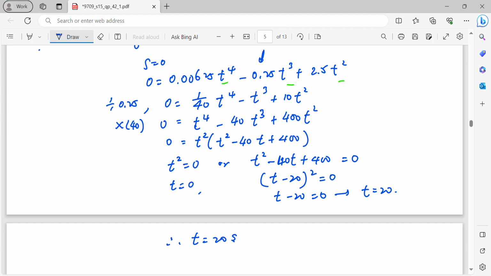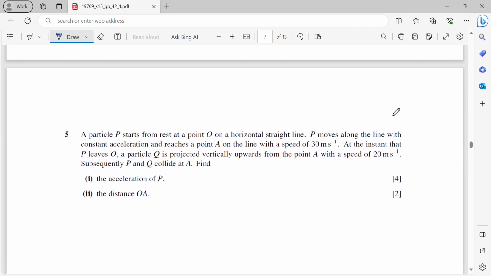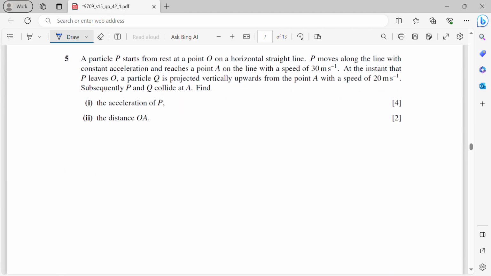Alright, now next question, number 5. A particle P starts from rest at point O on a horizontal straight line. P moves along a line with constant acceleration, and reaches a point A on the line with speed 30 meters per second.